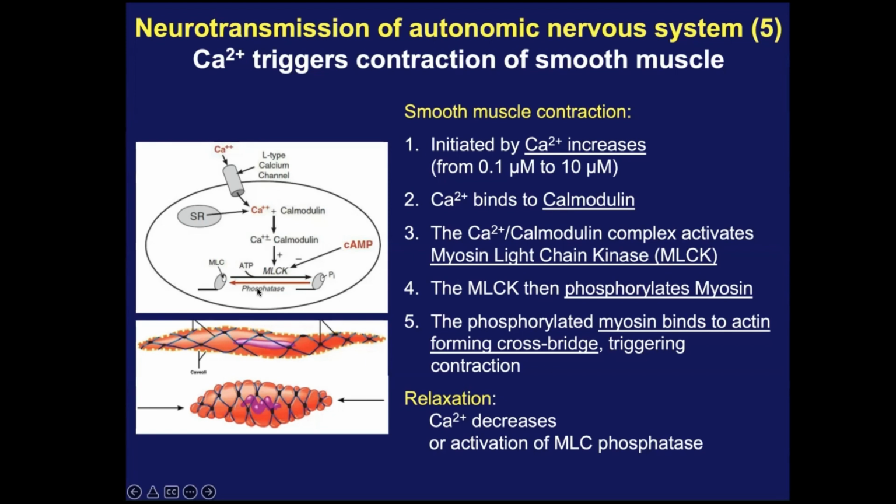In this case, when this phosphatase enzyme is activated, it removes the phosphate from the myosin to counteract the effect of the MLCK. And when the phosphate is removed, it will also stop this contraction mechanism so that the cell can relax.